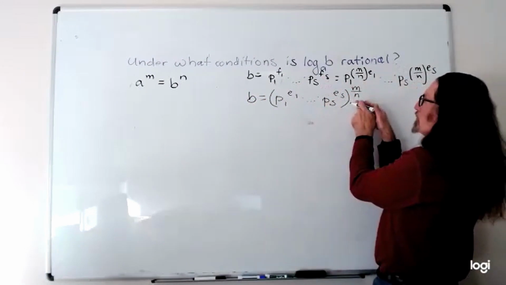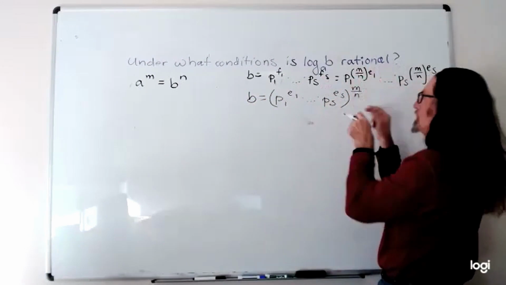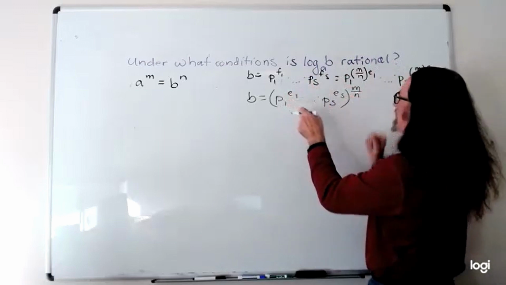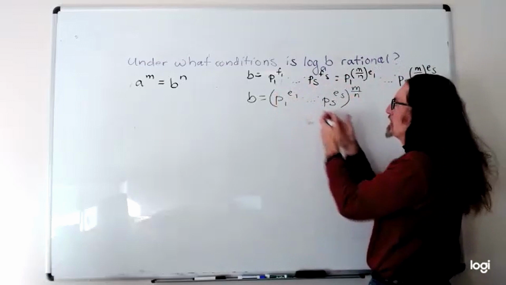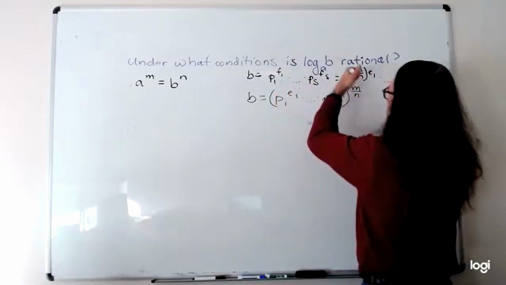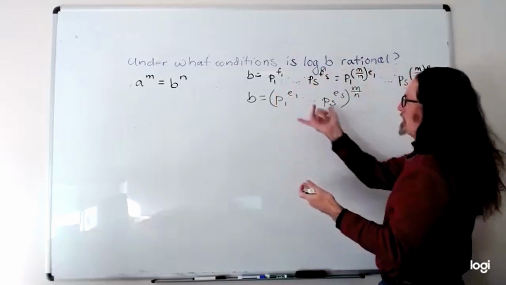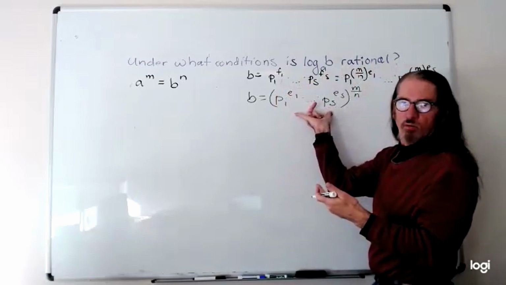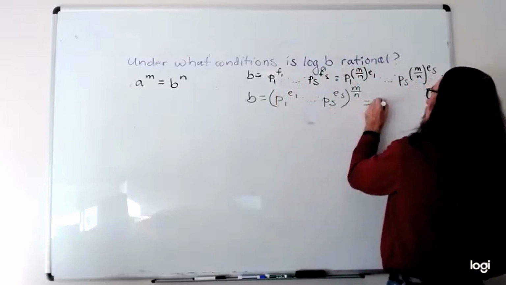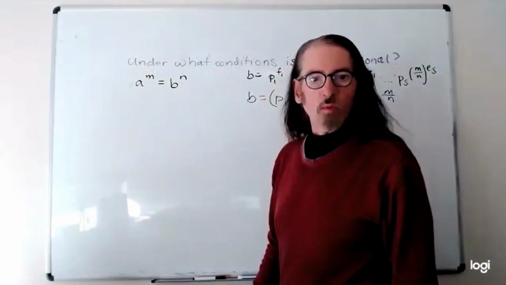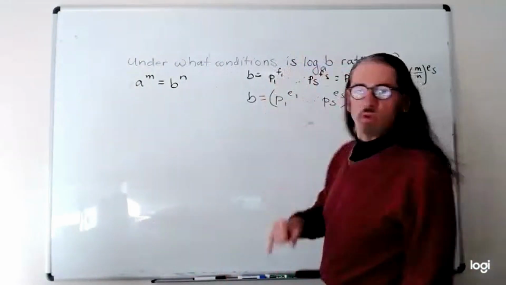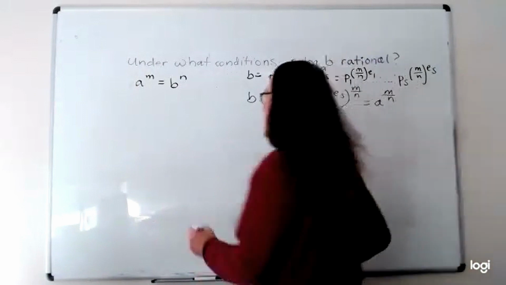You look at this going backwards, we could, quote, distribute that power of M over N to each of the factors in that product and then multiply. So I've just reversed that. And this was the prime factorization of A. So we started off assuming that log of B in base A was rational.